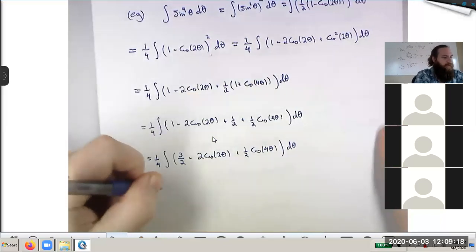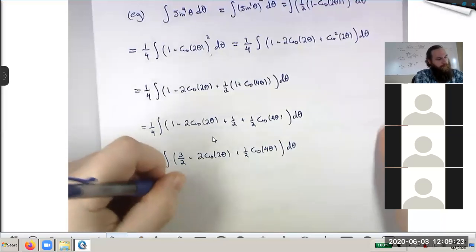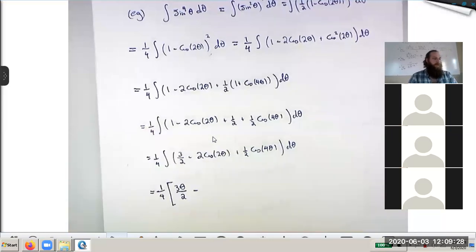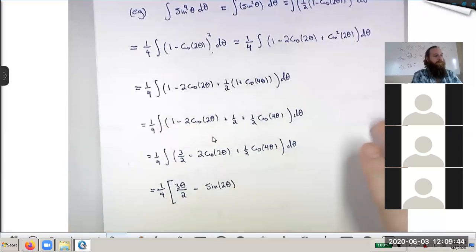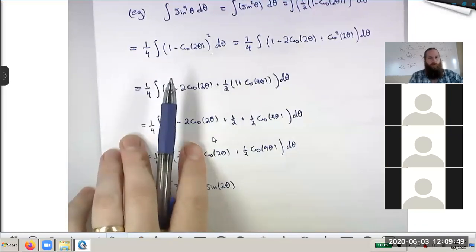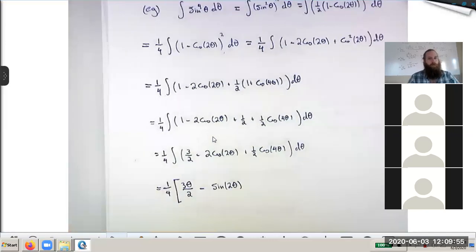3/2 integrates to 3/2 theta, or 3 theta over 2. Minus 2 cos 2 theta integrates to just sine 2 theta, because the 2's cancel. Right? Cos 2 theta on its own would integrate to sine 2 theta over 2, and this 2 cancels with the 2 that would show up downstairs from the integral, from that little micro u sub.